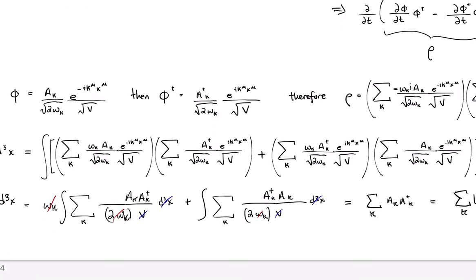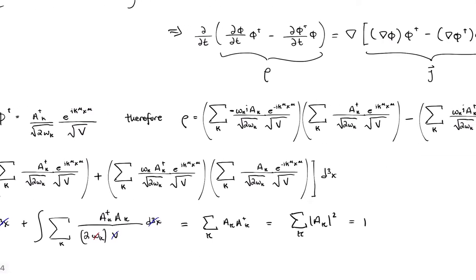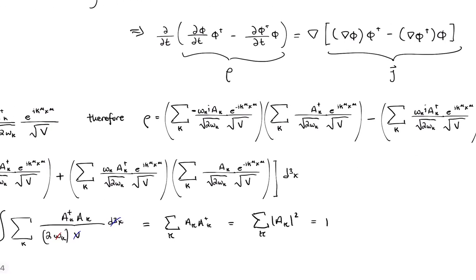And so what do we get? Well, we're going to be able to factor out these omega k's, right? And we're also going to be able to factor out these i's, but again, we have a negative i and a positive i. Negative i times positive i, well, if i is the square root of -1, we have the square root of -1 times the square root of -1.